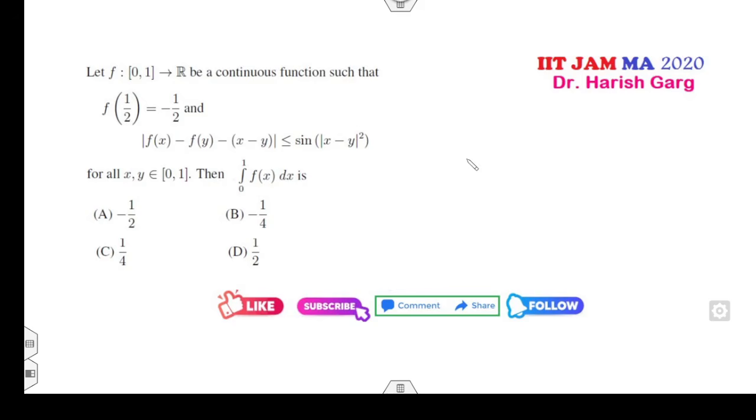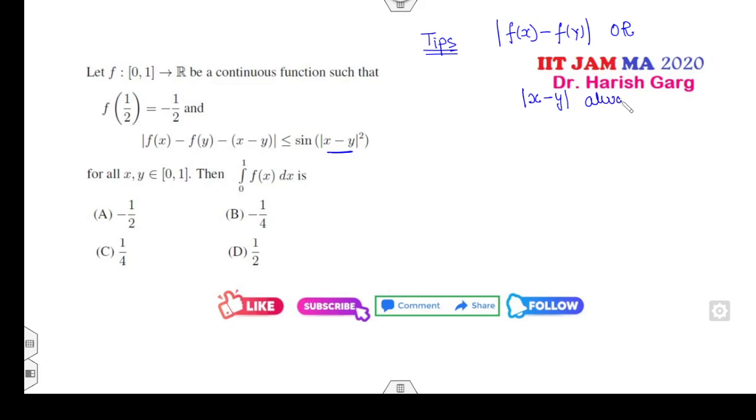Okay, look at this next one. Remember students, whenever you see a question related to f(x) minus f(y), or whenever you see the term x minus y appear in the statement, always divide the whole expression by the modulus of x minus y.